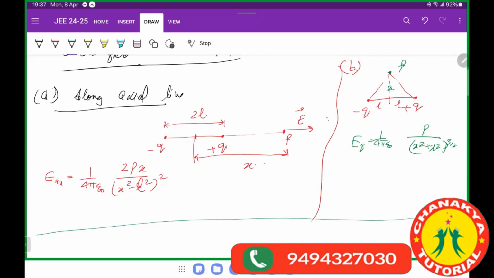These are two general equations for the axial and equatorial points.